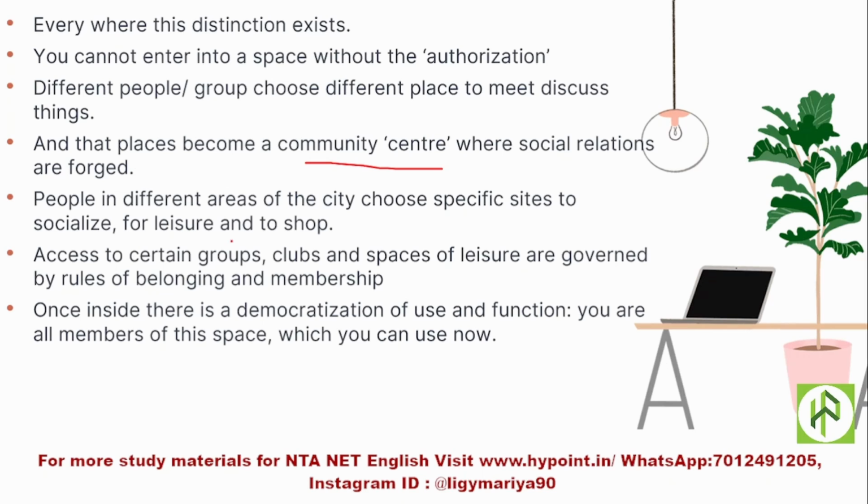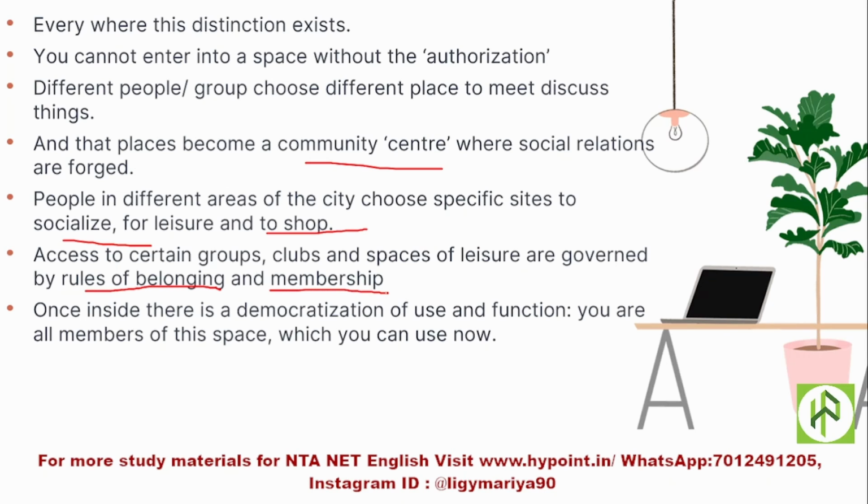For leisure too, women prefer some other time and space, while men prefer another. So it is different and distinct for each person. Access to certain groups, clubs and spaces of leisure are governed by rules of belonging and membership.